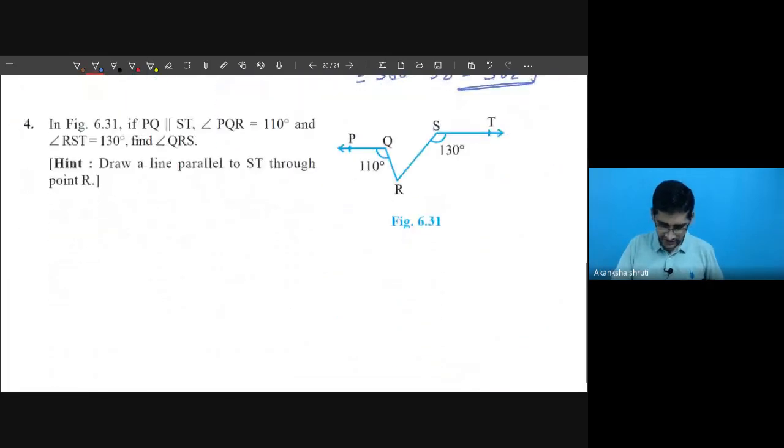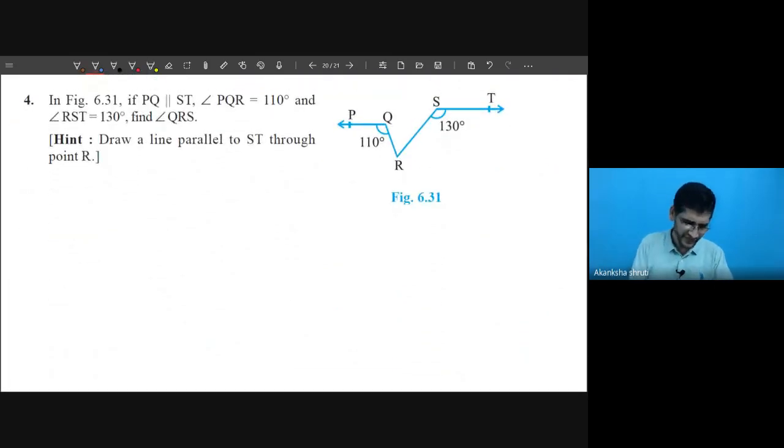The next question you have asked is this one. This is our textbook, exercise 6.2. Okay, student? In this case, though a hint is given, do not worry about the hint. You can make any kind of construction and you can get it. It is given that PQ is parallel to ST. Observe this.